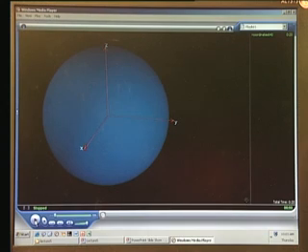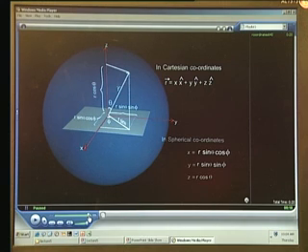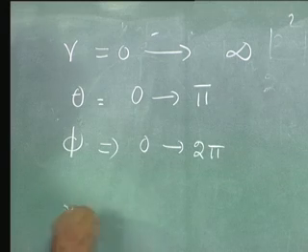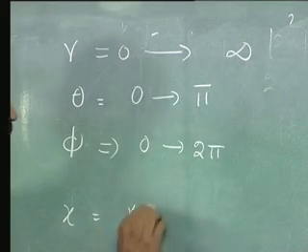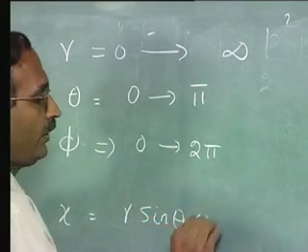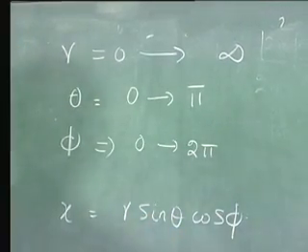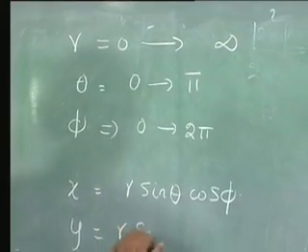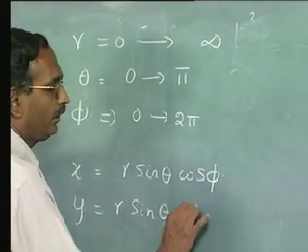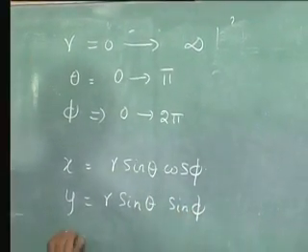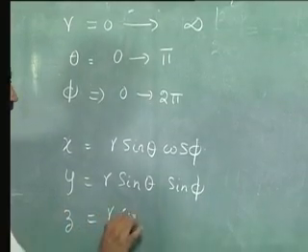So, this is what you have in the final frame: the spherical coordinates are x is equal to r sin theta cos phi, y is r sin theta sin phi, and z is r cos theta.